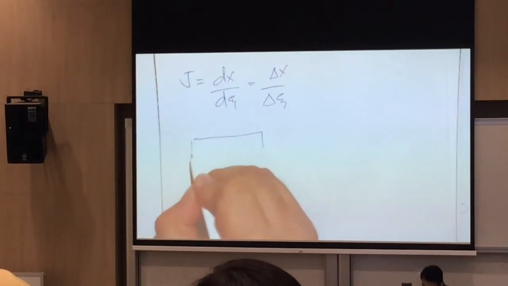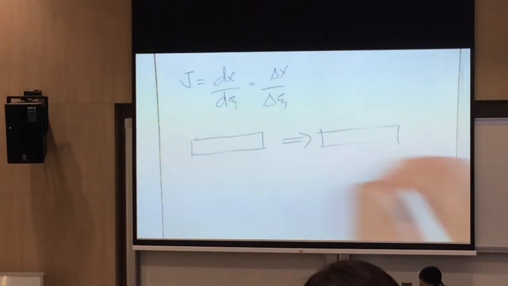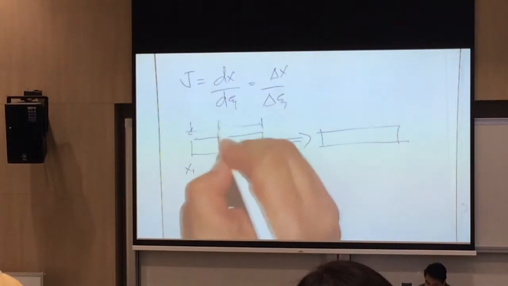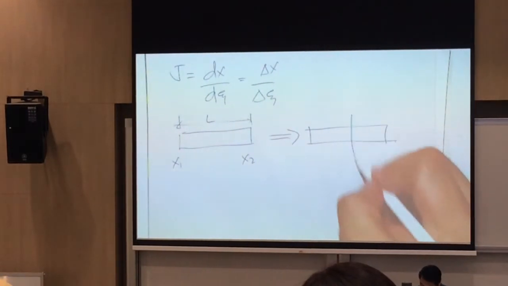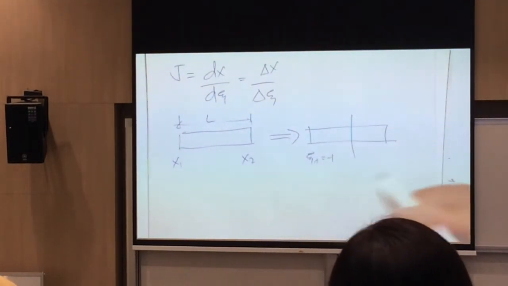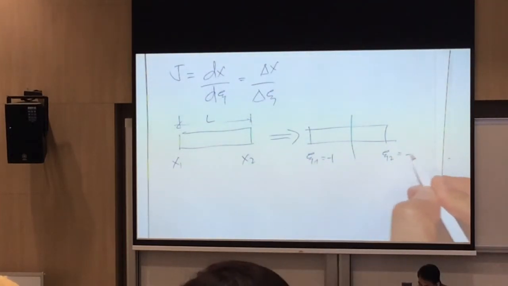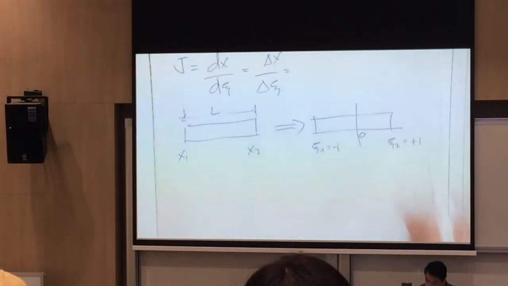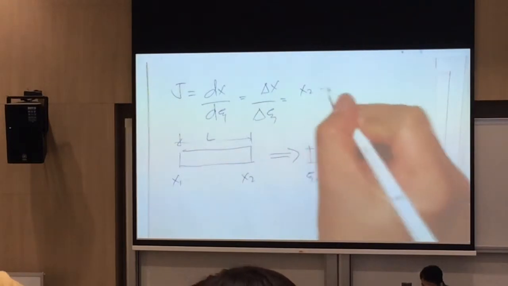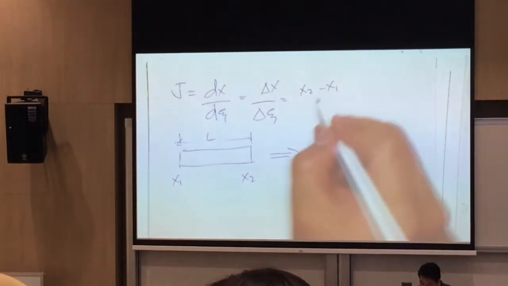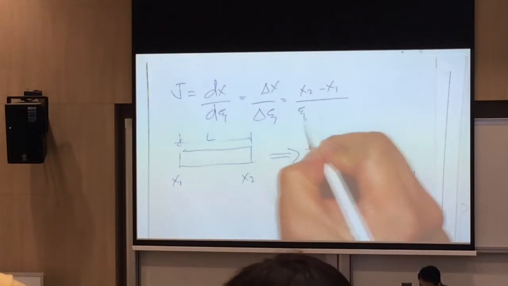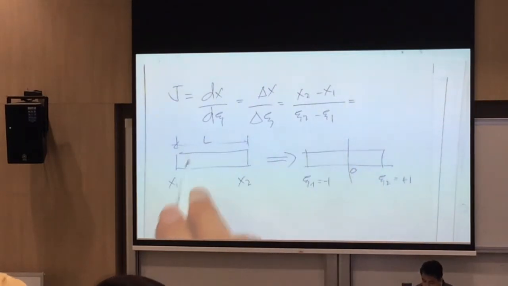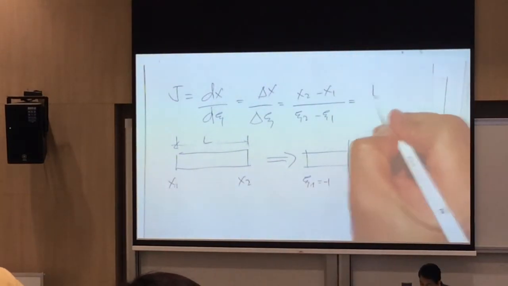So again, from the mapping, we have x1, x2, and the length, and then C1 equal to minus 1 and C2 equal to 1. So this one will be C2 minus C1, and then x2 minus x1 is equal to the length.